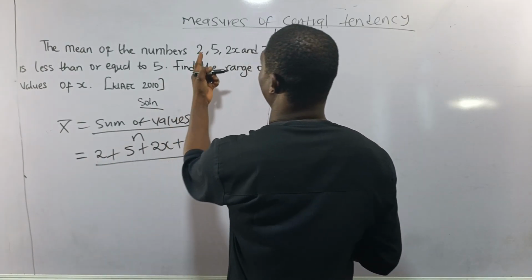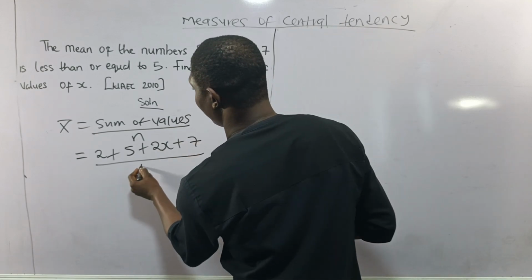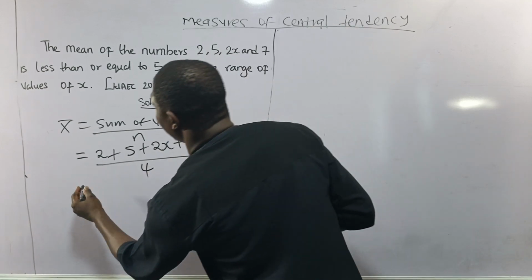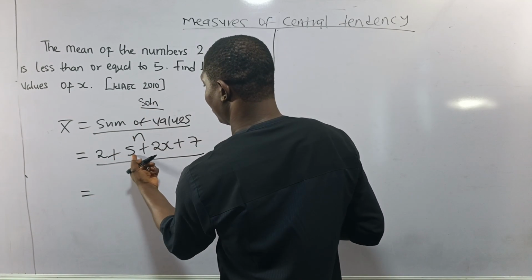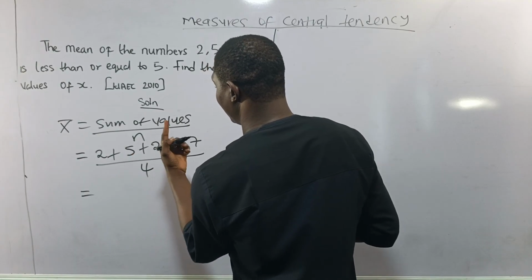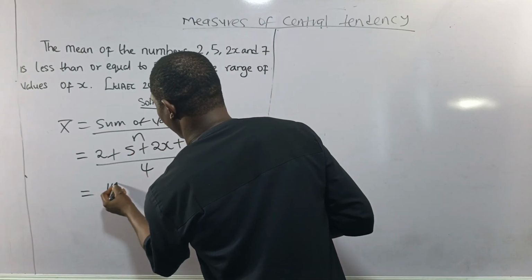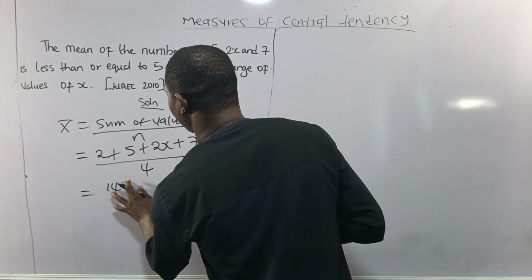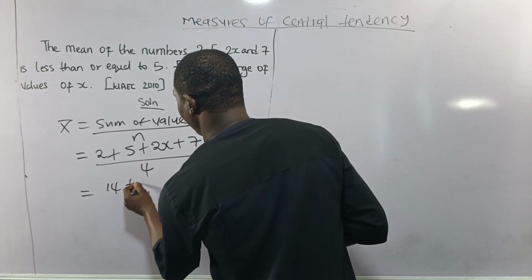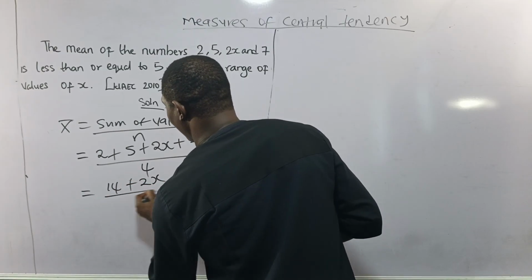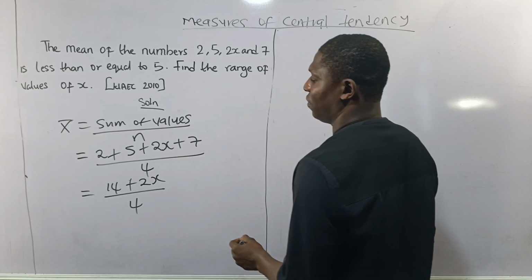And our number of data is 1, 2, 3, 4, so I'll write my 4. Now, 2 plus 5 is 7, 7 plus 7 is 14. So I have 14 plus 2x all over 4.